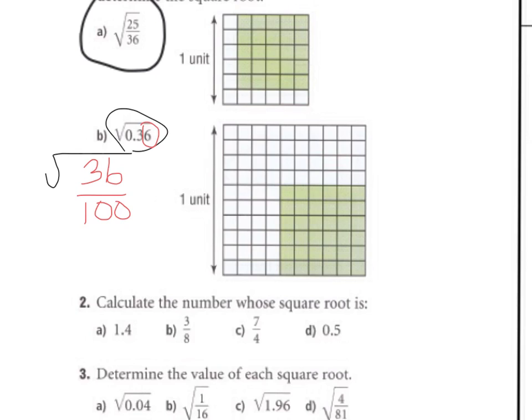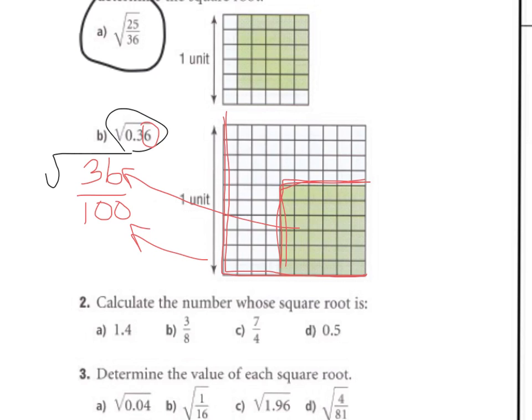The model they have here is a 10 by 10 model. So 10 by 10, which is your 100, and a 6 by 6, which is your 36.